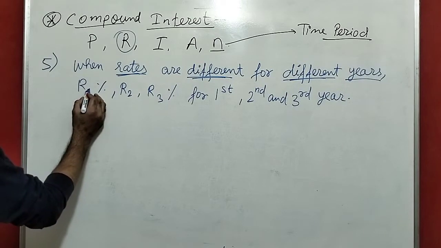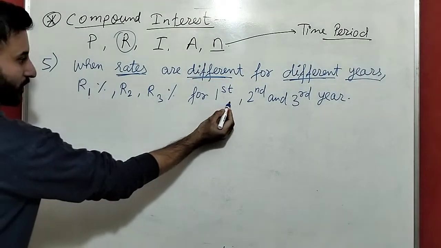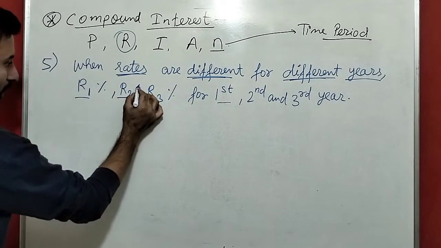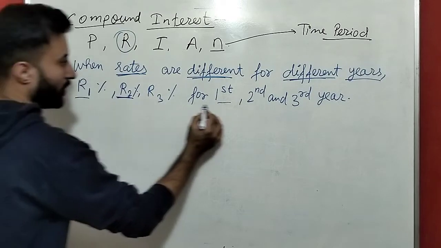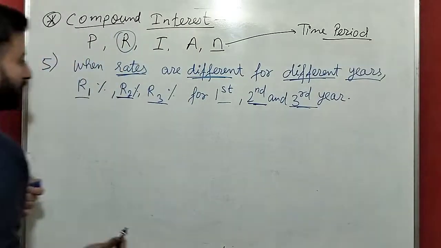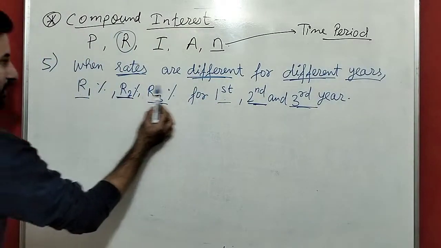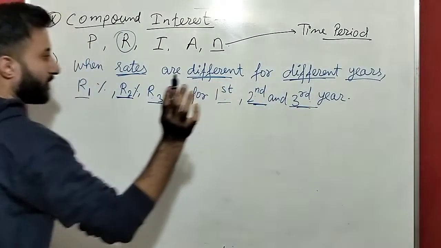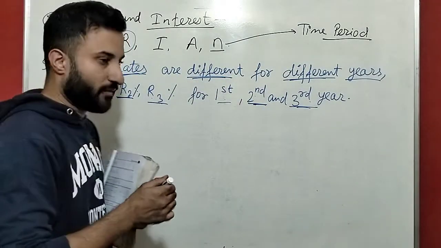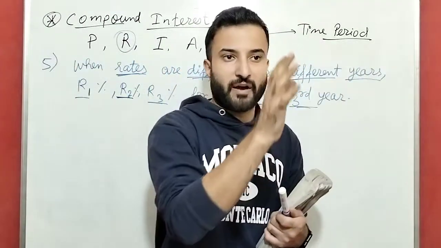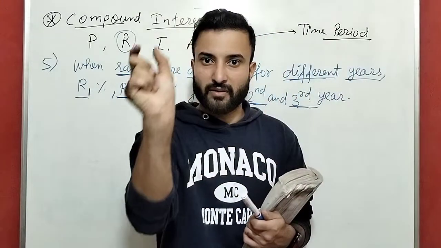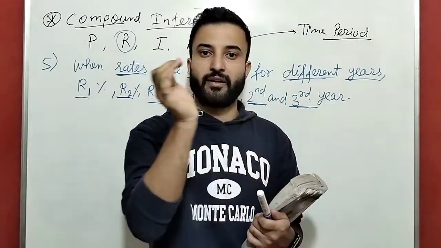This is R1, rate of interest 1 for the first year, rate of interest 2 for the second year, rate of interest 3 for the third year. Each and every year we have a different rate of interest. Suppose we have rates of 2%, 5%, 9% for the first, second and third year.